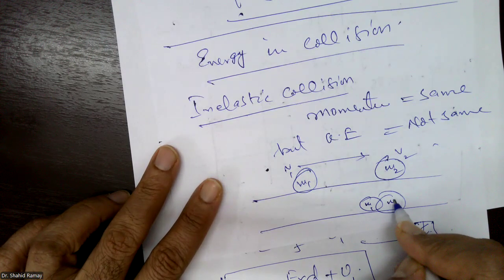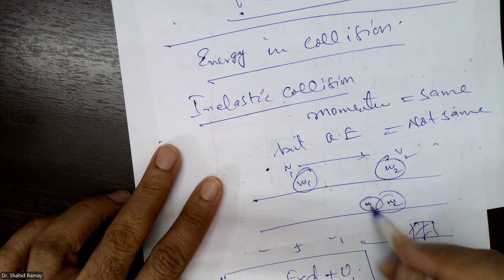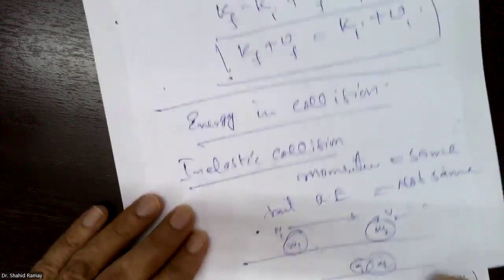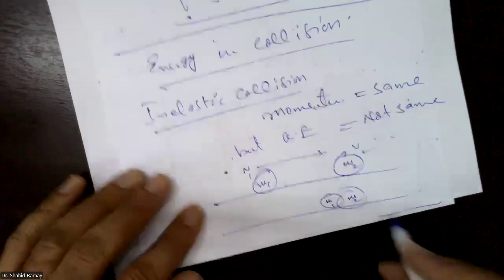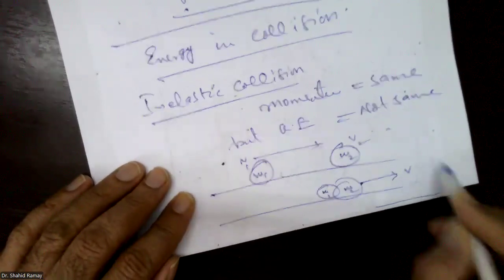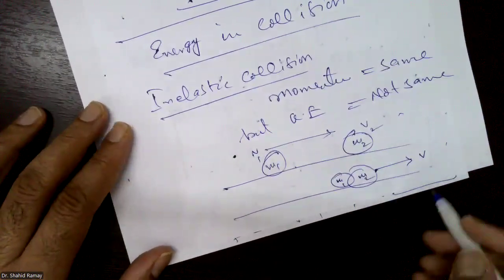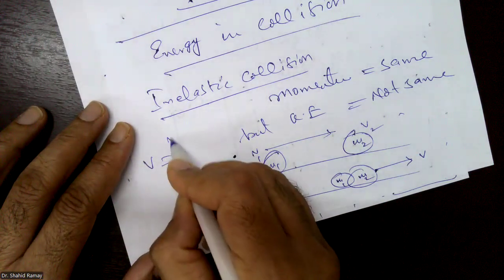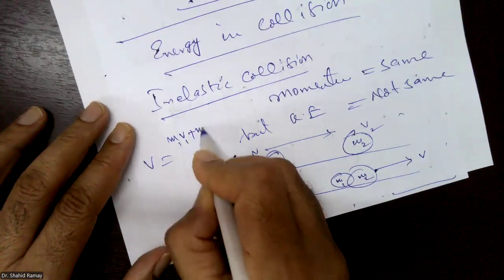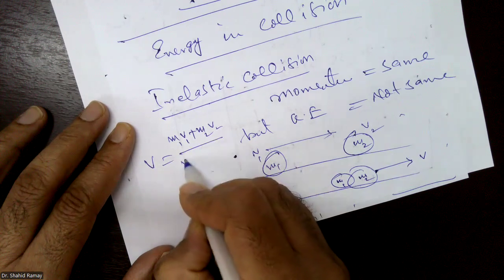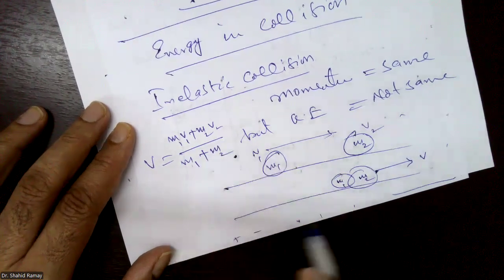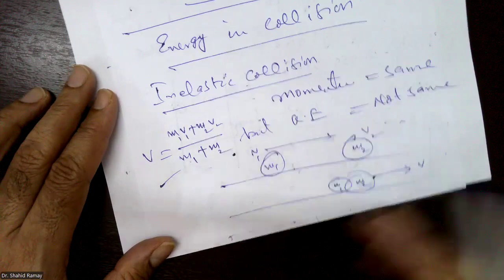After the collision, the two blocks stick together and then move with a common velocity. Then we have developed a relation that V is equal to M1 V1 plus M2 V2 over M1 plus M2. We can solve the problems by using this formula.